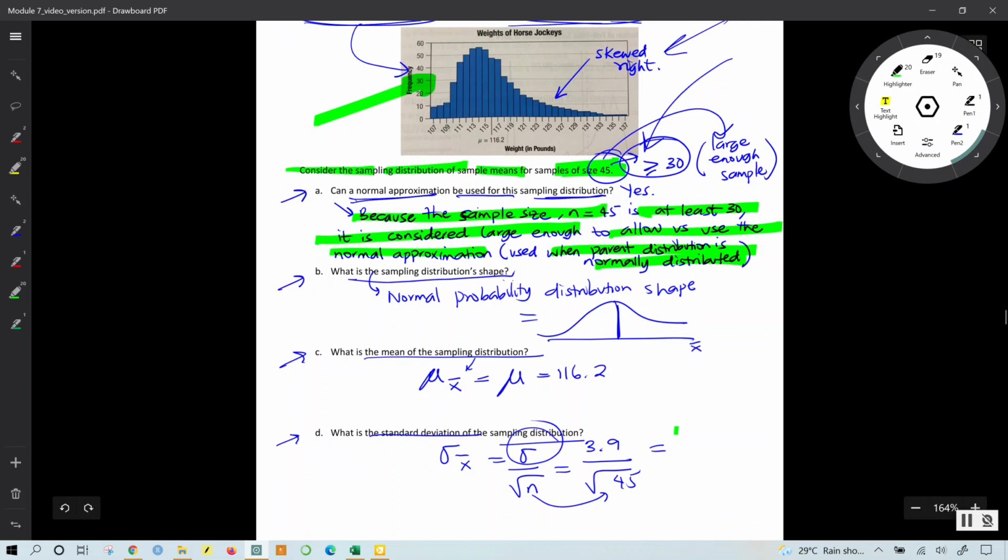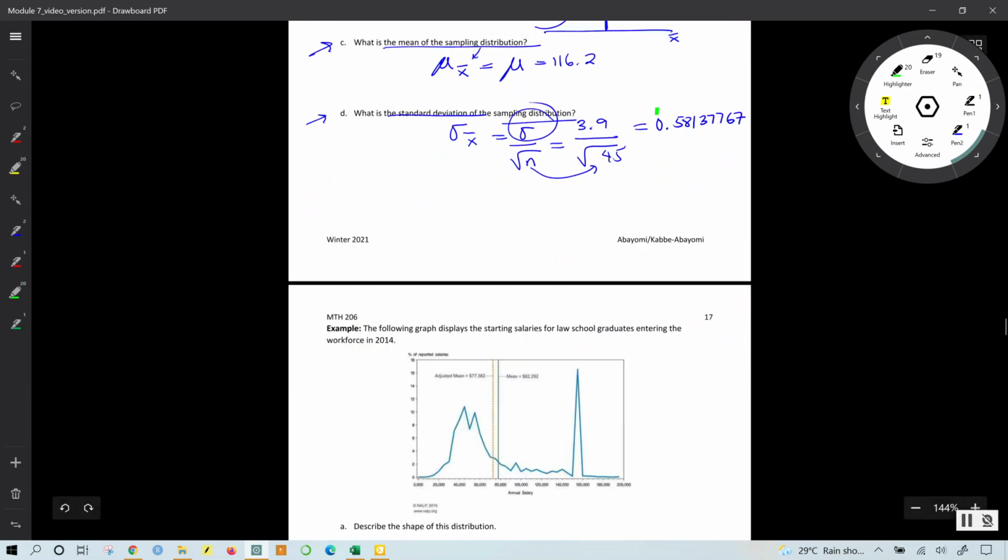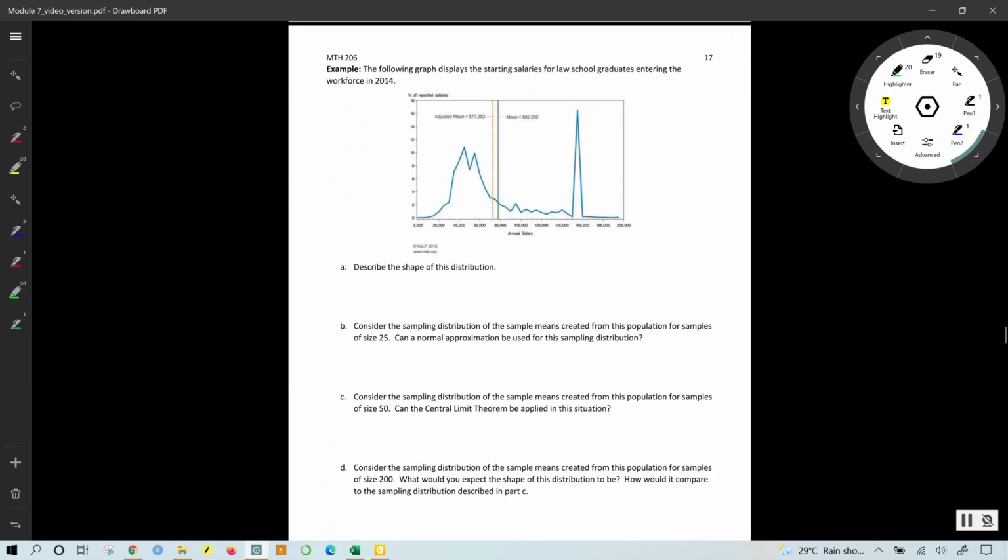And 3.9 divided by the square root of 45 is 0.5813777.